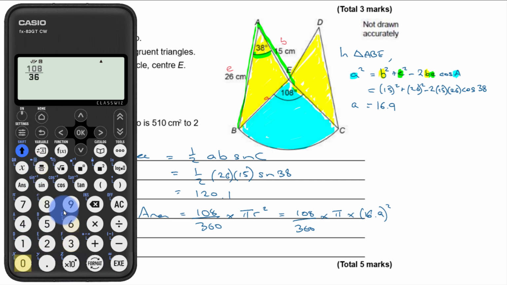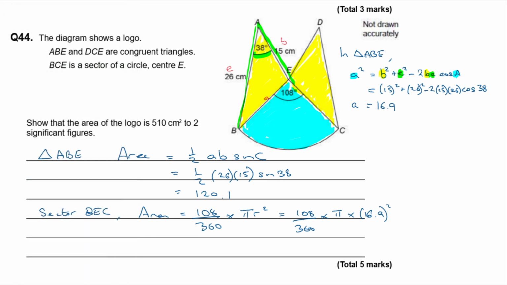So I'm just going to use that same value. So I'm going to do 108 divided by 360 times pi times answer squared. Okay, and that comes out to be 269.9.